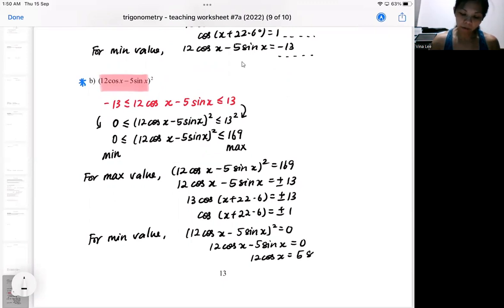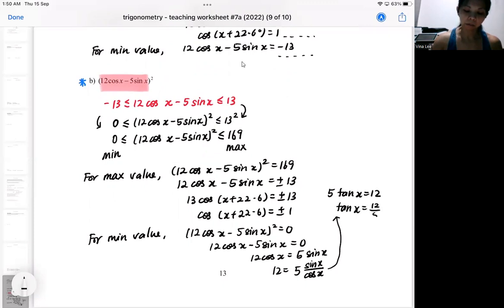If it's equal to 0, I can simply get my tangent. I don't need my R formula for the single function. I just do my tangent, and then I do my 4 steps to find the corresponding x. So this is the correct way.